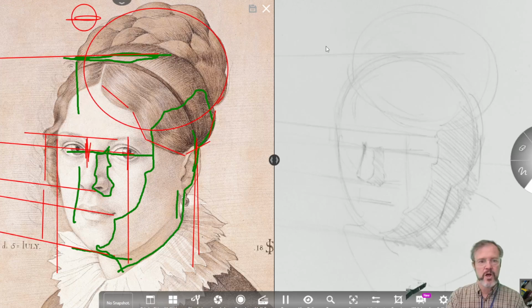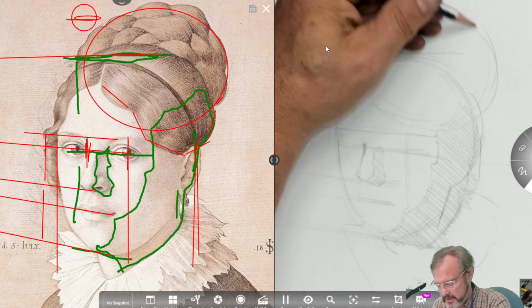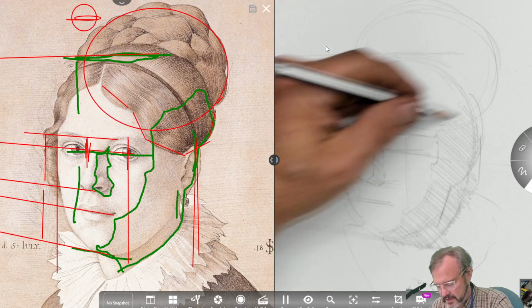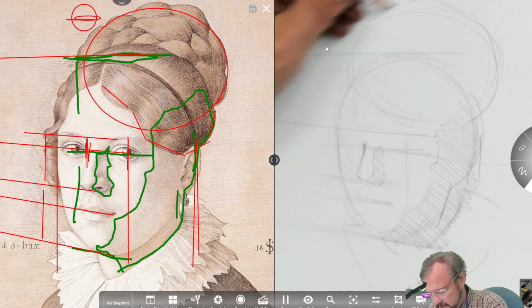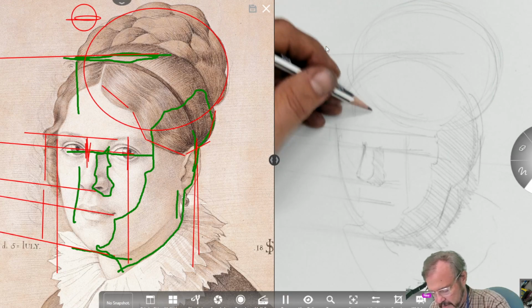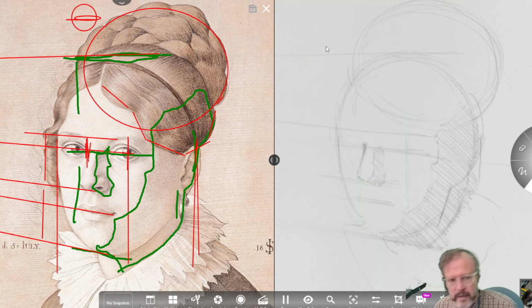In other words, blocking would be thinking of it in terms of straight lines. I'm just going to think of it in terms of a big ball. And what I'm trying to do is relate the size of this ellipse to the overall head. And you can see it's like maybe a third smaller than the overall head. In other words, it's pretty large.